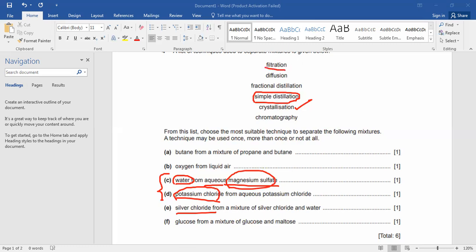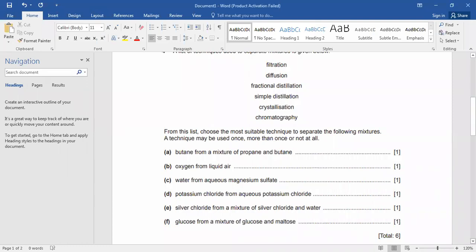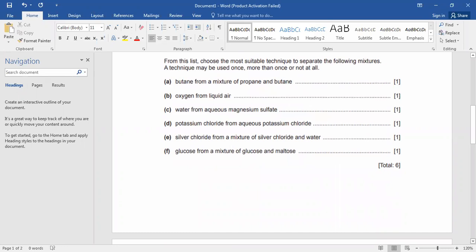Next, glucose from a mixture of glucose and maltose. Again, children, glucose is a soluble solid, maltose is a soluble solid. So you can use chromatography, right? Okay. Now, shall we see one more question? Yeah, try yourself.